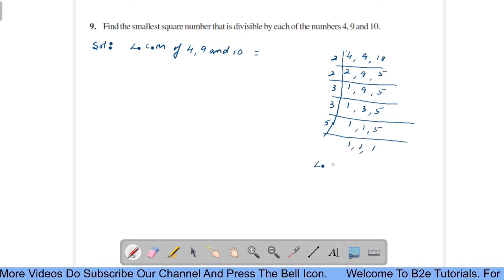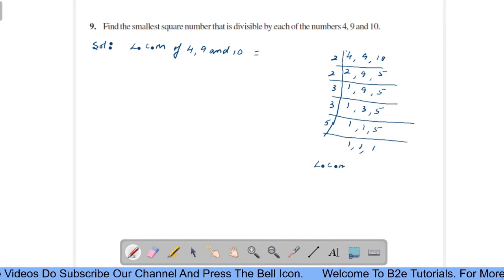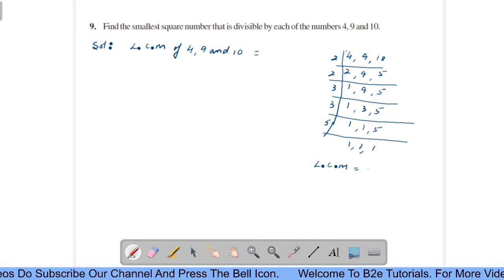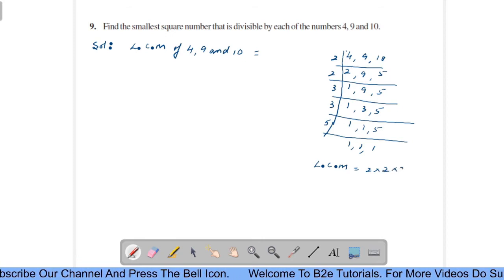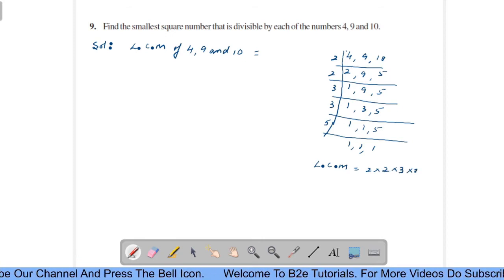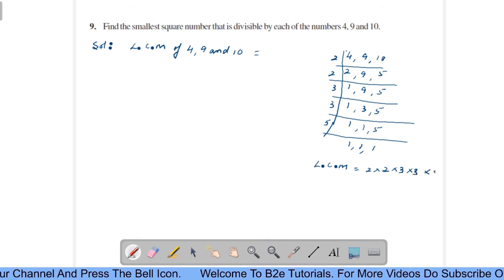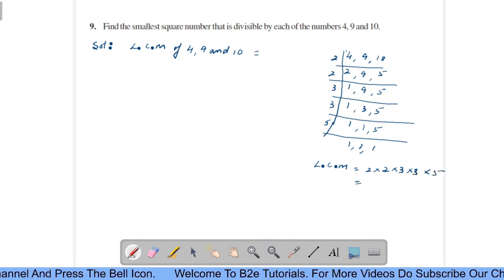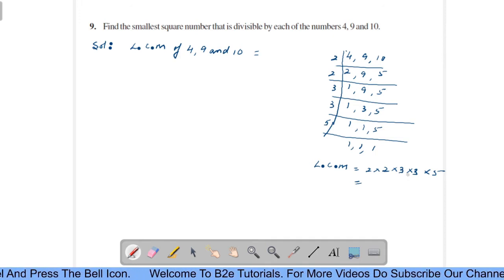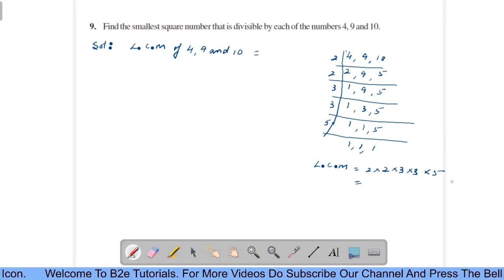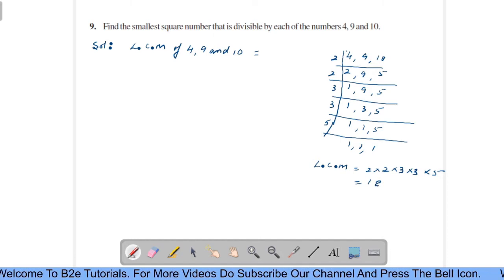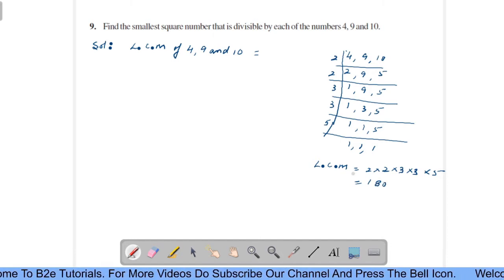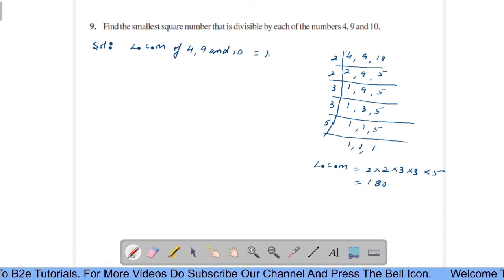Therefore LCM is equal to 2 into 2 into 3 into 3 into 5. Multiply it: 2 twos are 4, 4 threes are 12, 12 threes are 36, 36 fives are 180. Therefore your LCM is 180.